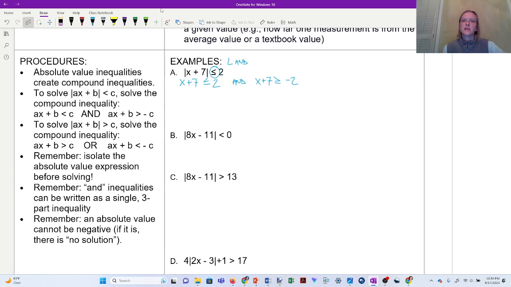Look at the two things I did here. I changed the sign on my value that was not in the absolute value, and I flipped the inequality sign from a less than or equal to a greater than or equal to. I was able to do this because I already had an isolated absolute value expression here.